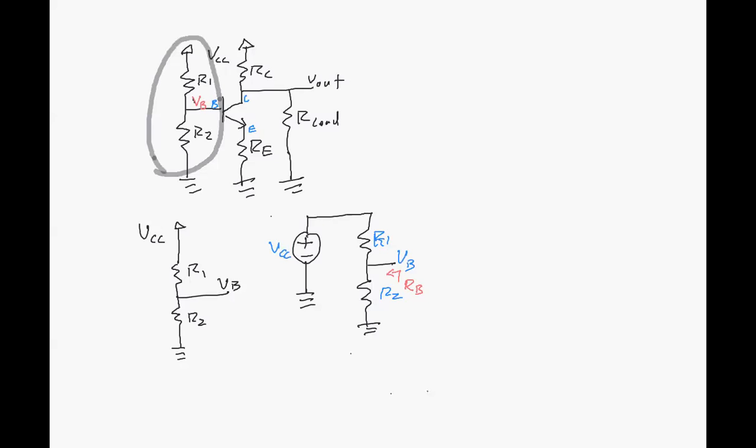But like I say, don't worry about what I'm really talking about there. So if we're going to do that, then we open up this voltage source, VCC. When we open up a voltage source, we short it. So we'll just redraw this with a short to ground, R1 and R2. And those are also at ground.